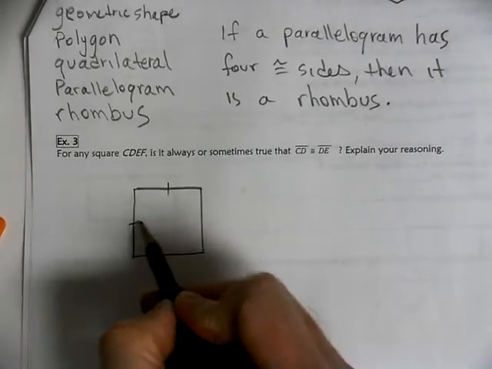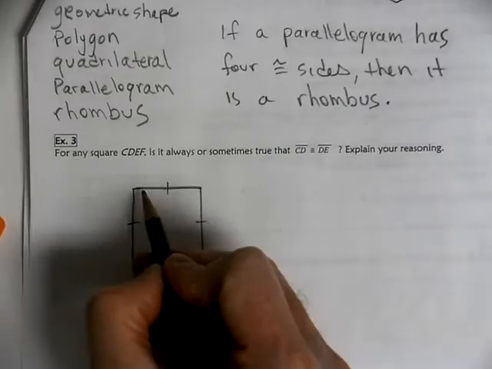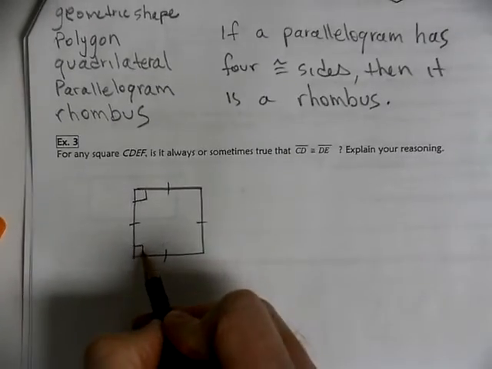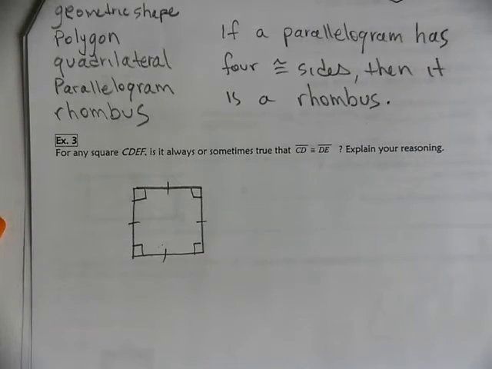So our sides are exactly the same. That's a rhombus. The angles are all exactly the same, or they're all right angles. So it's a rectangle. So this is a rhombus rectangle, which we would typically call a square.